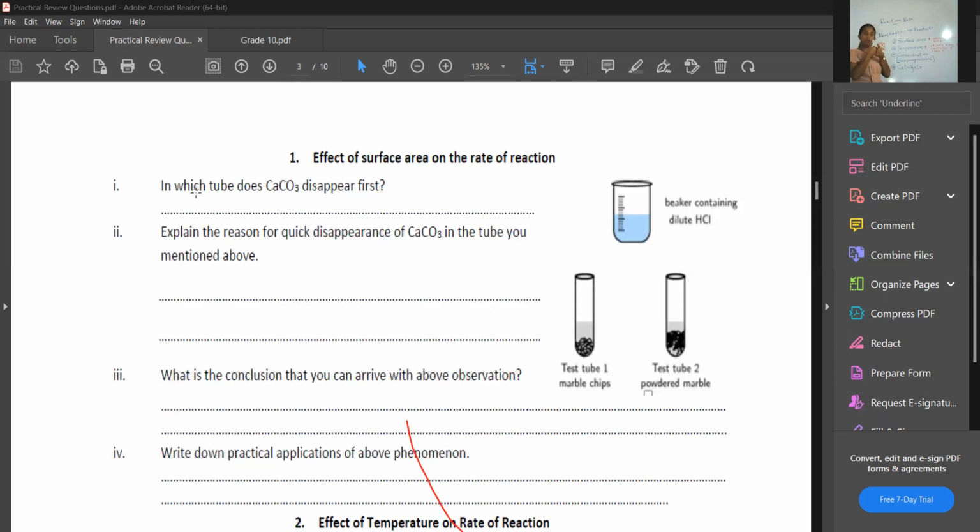Then again, the rate increases. So if the concentration increases, the reactants in the unit volume increase.